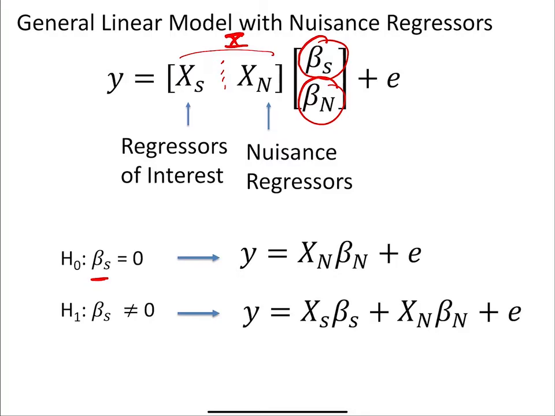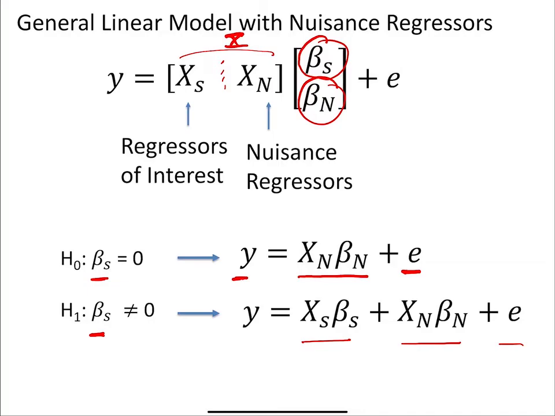Therefore, under the null hypothesis, my data is my nuisance terms plus everything else. And in the alternative hypothesis, when the signal betas are not equal to 0, it's my signal plus my nuisance terms plus everything else.